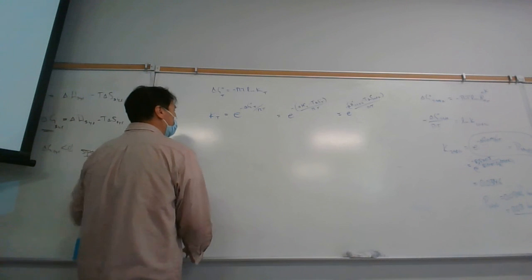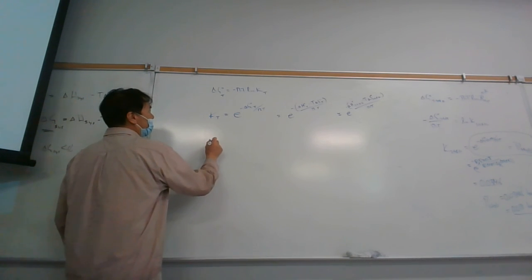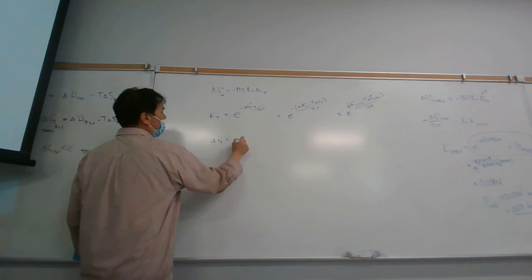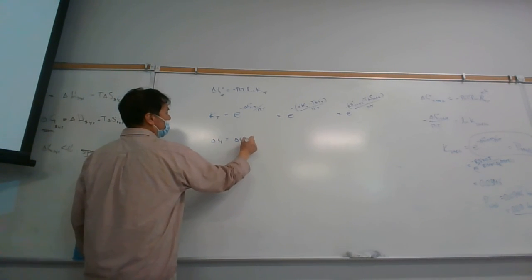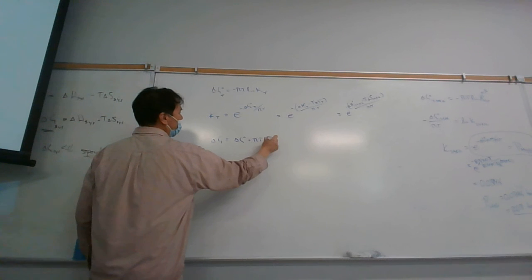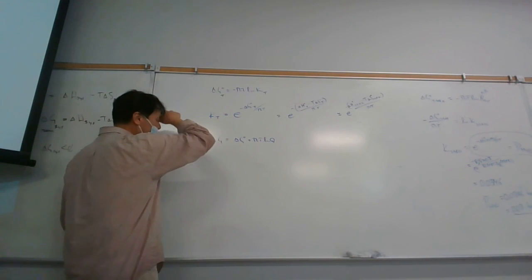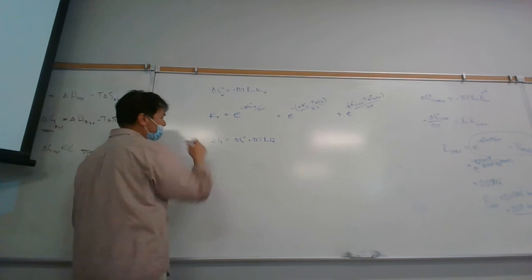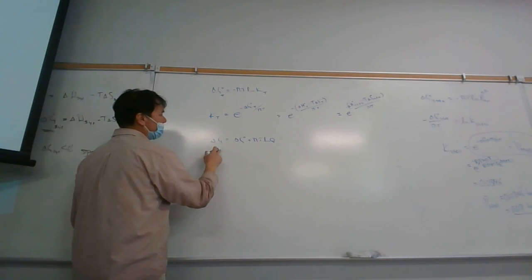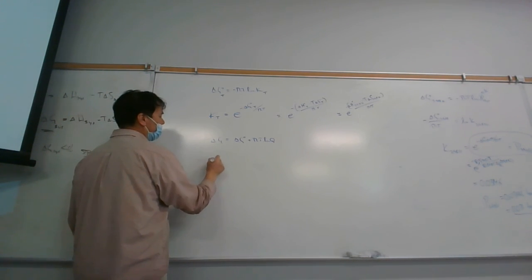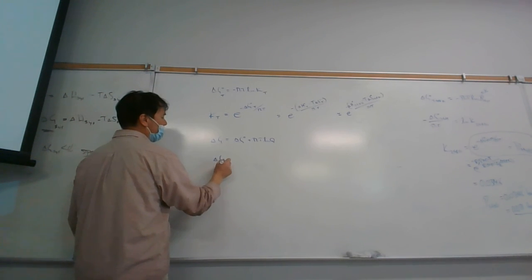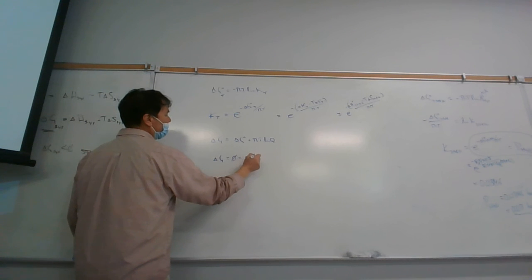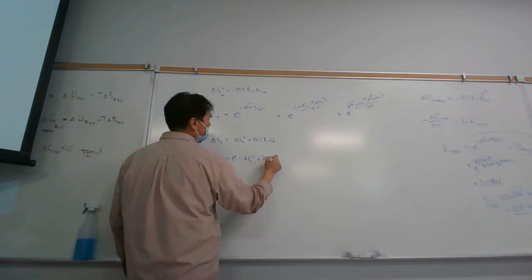Now, if we go under non-standard conditions, we'll have delta G is equal to delta G naught plus RT ln of Q. So if we make this under non-standard conditions, then we want to figure out what K is. Delta G is equal to 0, which is equal to delta G naught plus RT ln of K.